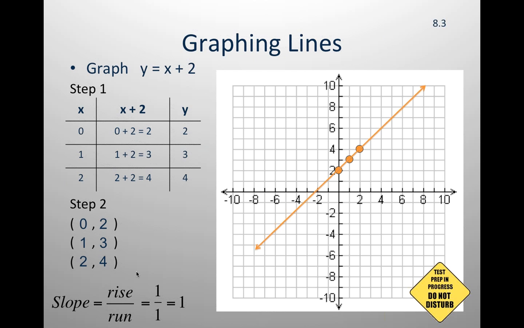From there, we plot the points. Okay, and then we connect the dots. And of course, our slope is going to be 1 because it's 1 to 1. Every time x increases by 1, y is going to increase by 1.